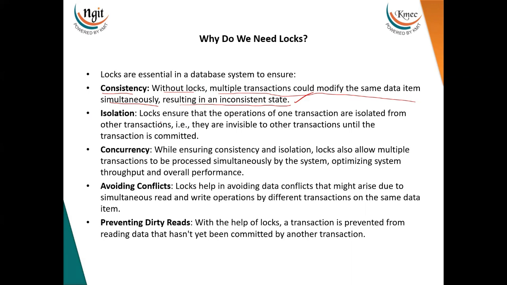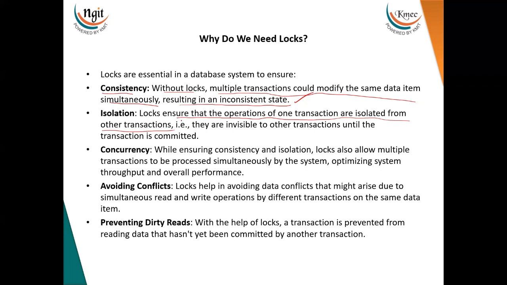And coming to isolation, logs ensure that the operations of one transaction are isolated from other transactions. Isolation is one of the important properties of transactions, right? It says that when one execution happens, the other transaction should not interleave its execution. In such a way, the transaction can execute and provide consistent results.